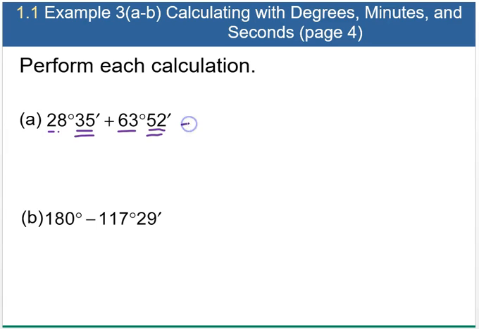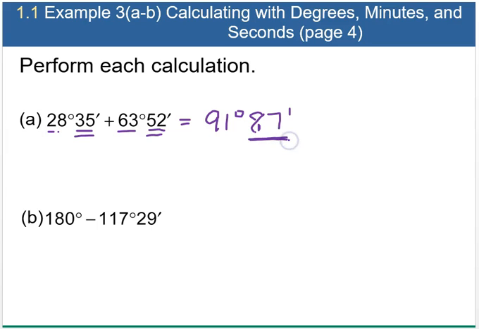So here when we add 28 degrees and 36 degrees together, we get 91 degrees. And then the 35 and 52, we add those together, we get 87 minutes. Now 87 minutes is a larger number than 60, and we want this as simplified as much as possible. So we have another degree in here.